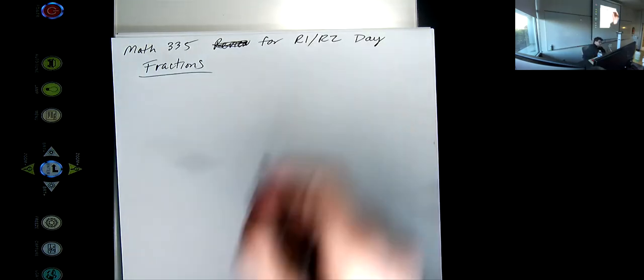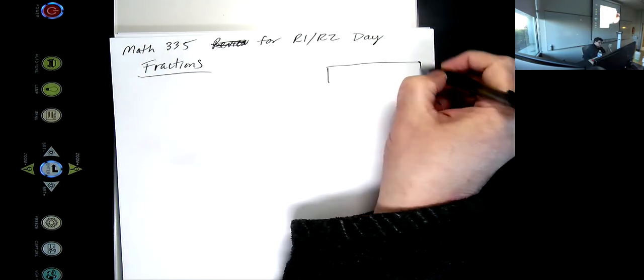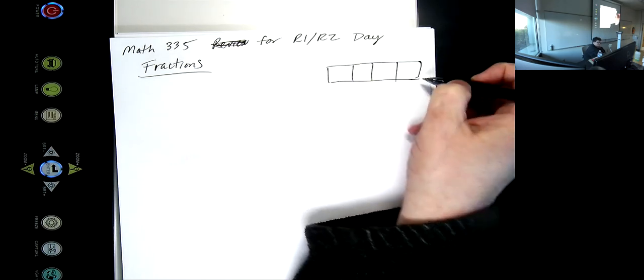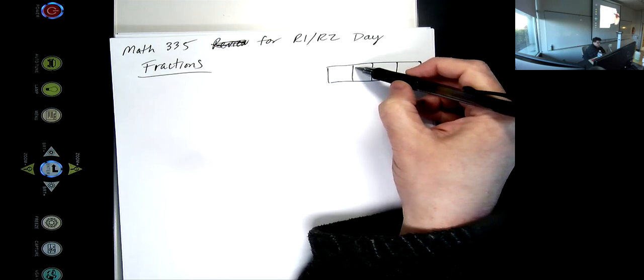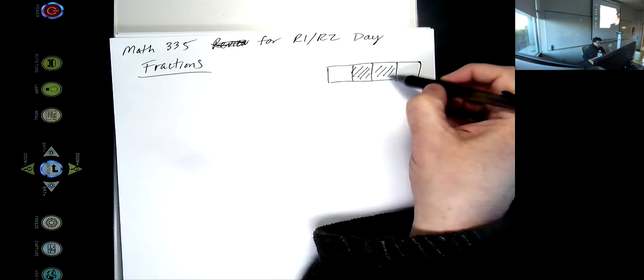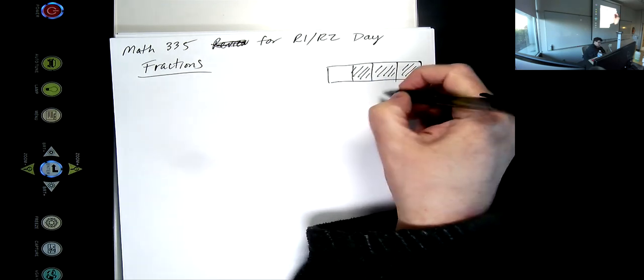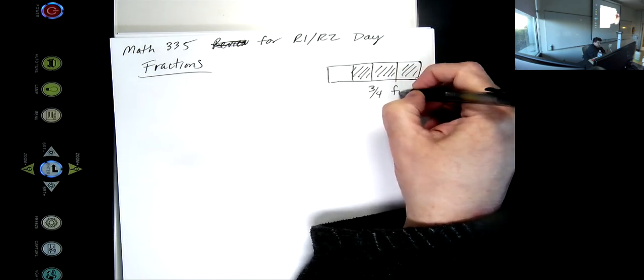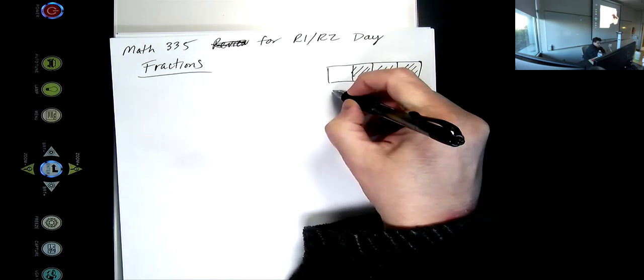So fractions represent part of a whole. I have something that's broken up into 4 pieces, and I have 3 of them filled. I could say that 3/4 of these blocks are filled, and 1/4 is empty.